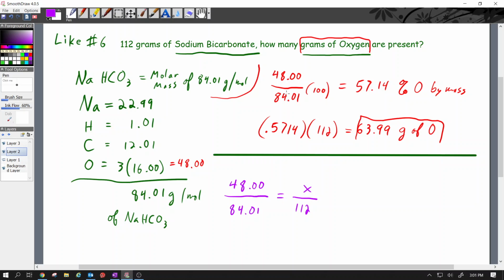Here's what I want you to see. Watch the screen for a moment. Here, what I did is I created a percentage and then applied the percentage to my amount to get the grams of oxygen. Here, you're doing the same thing. You're creating a percentage and then applying the percentage to your amount in order to solve.